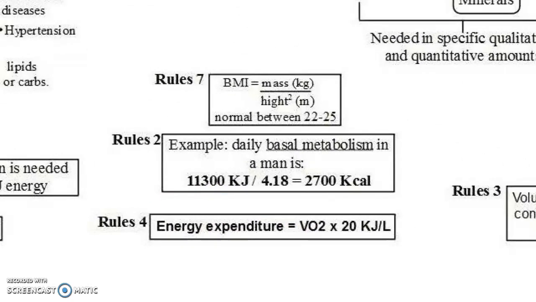What about Rule 2? Rule 2 states that daily basal metabolism in a man as an average value is 11,300 kilojoules, which can be divided by 4.18, equivalent to 2,700 kilocalories.